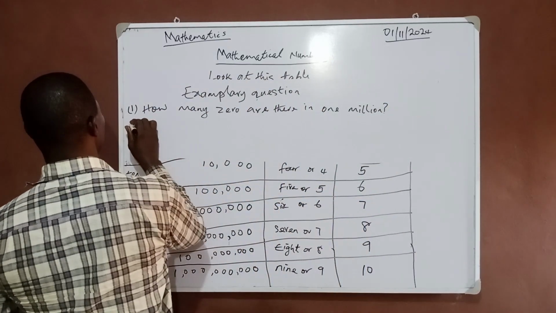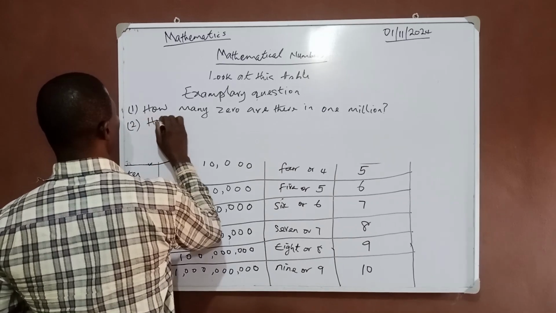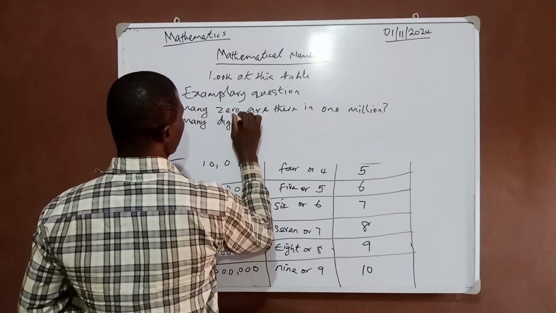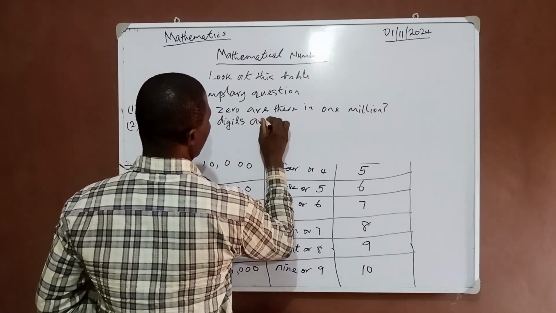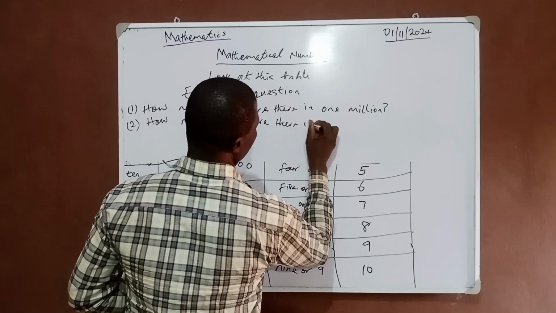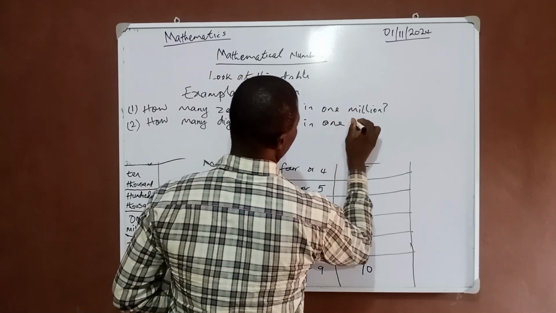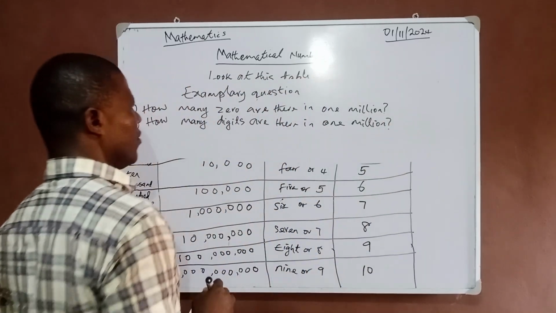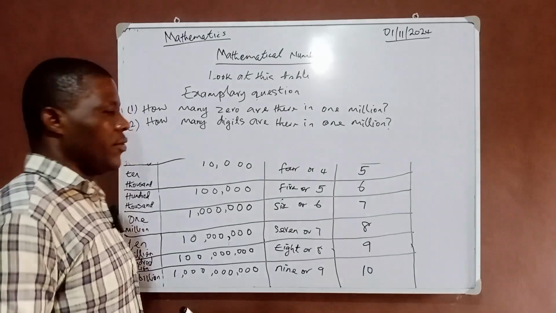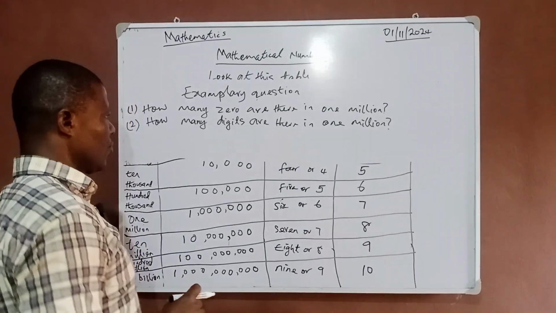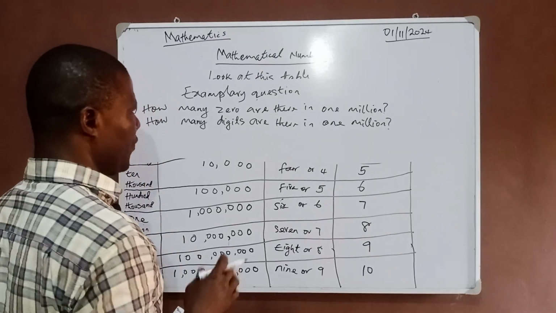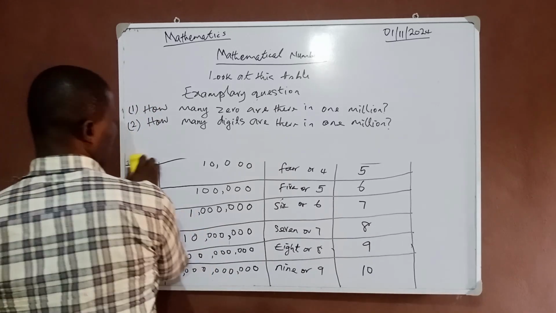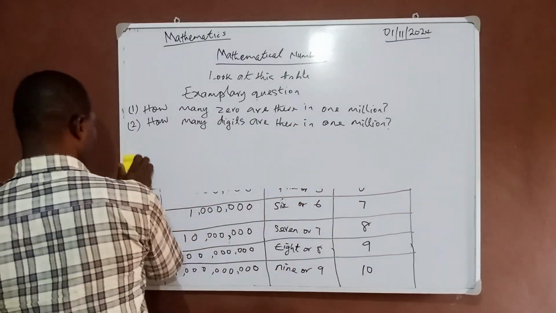Then question two, how many digits are there in 1 million? Once you can answer this question very well, it means that you understood everything that we taught. And no matter how they put the figures, if they ask you the amount, you'll be able to get it. You are going to show the answer.